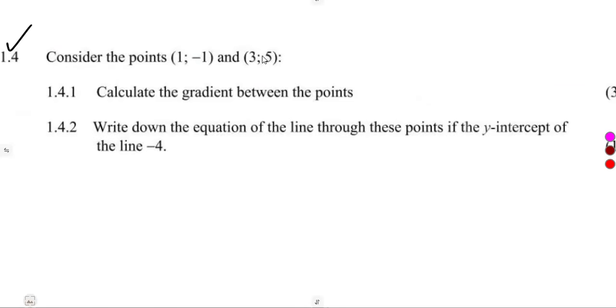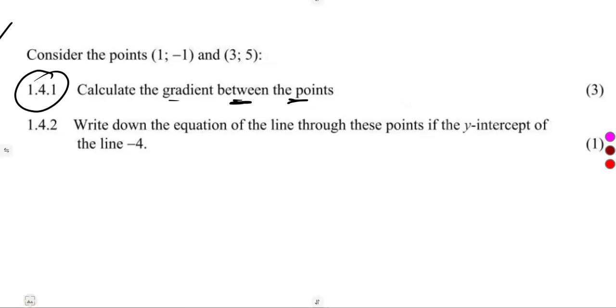1.4, consider these 2 points. 1.41, calculate the gradient between the points. Remember, when given 2 points, we can name the first point x1, y1 and the second point x2, y2. So the gradient can be calculated. We can use the letter m to represent the gradient.